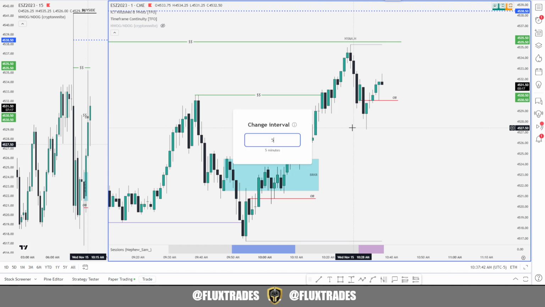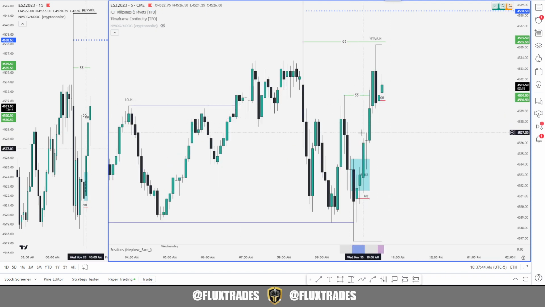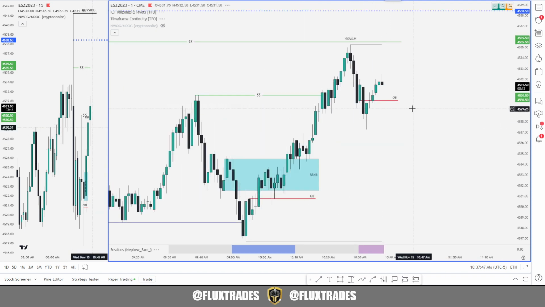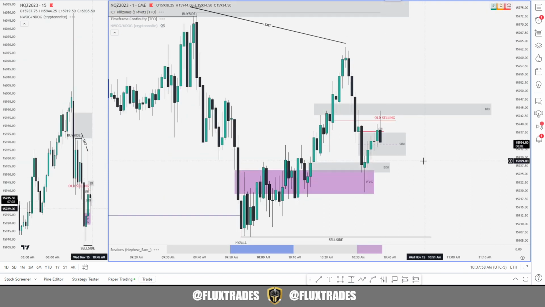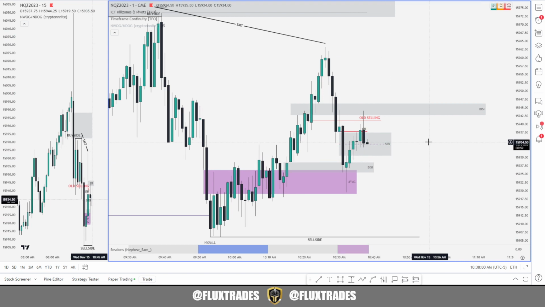Filling a tiny gap there. 5-minute fair value gap as well. So I'd like to see how we use this SIBI now.